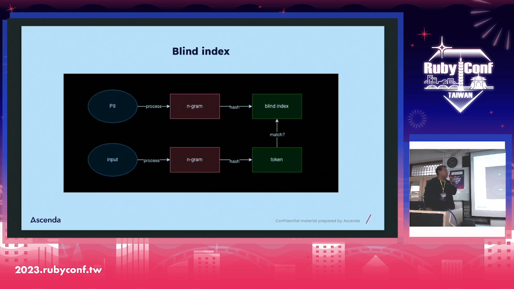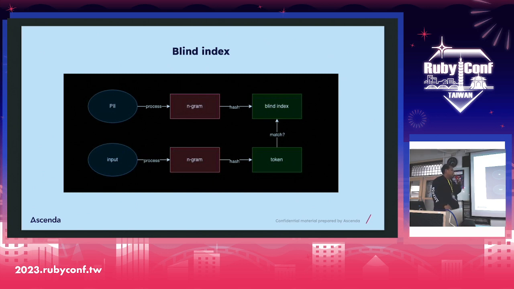So the algorithm is quite simple. For example, PII is a text. A text will be processed into some n-gram tokens, and then the n-gram tokens will be hashed by a hashing algorithm, and I use bcrypt to blind that token.